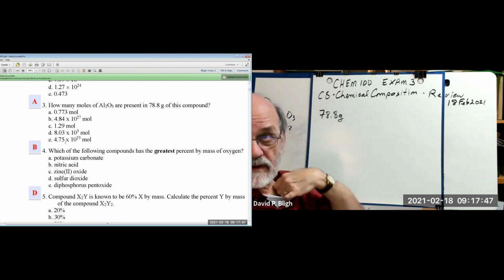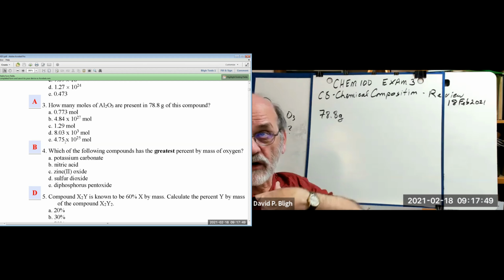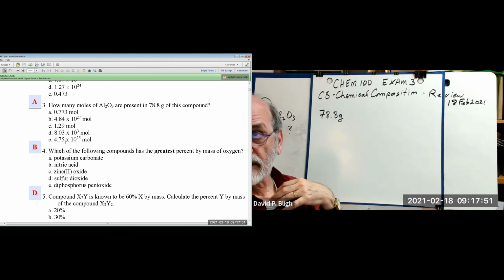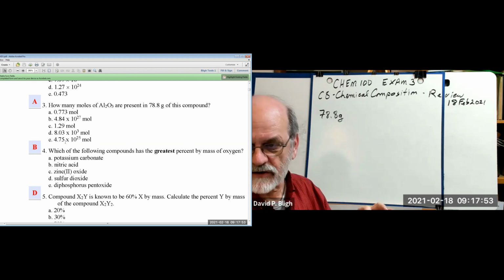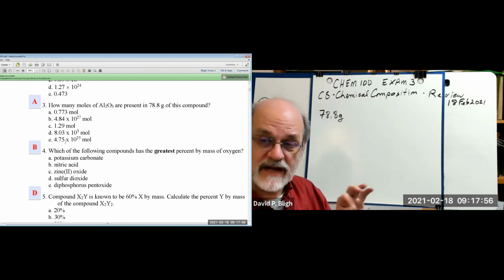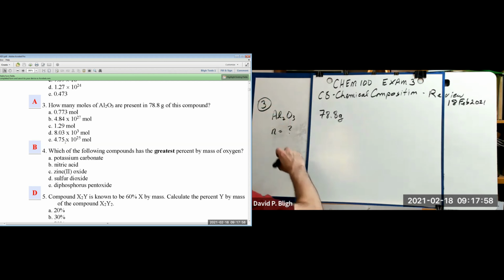But aluminum, in that group, boron, aluminum, gallium, and indium are all 3 plus charge. So they fit into type 1 compounds. So the name is just aluminum oxide. That's it.